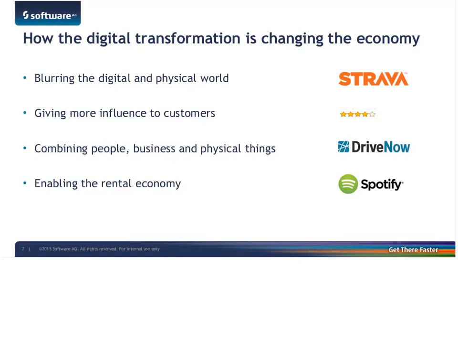Movies and music, we already talked about. The rental economy goes further. Same with cars. I talked about DriveNow already, but also software. Why would you buy software and own it if you can subscribe to it? For the time span you need it, which actually also has an impact on Software AG.